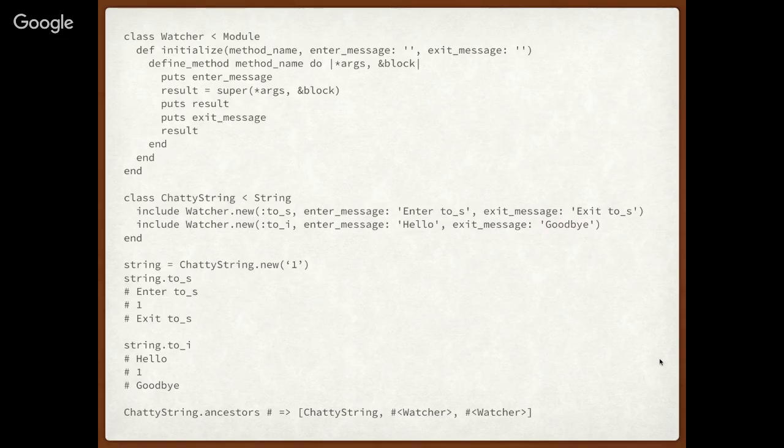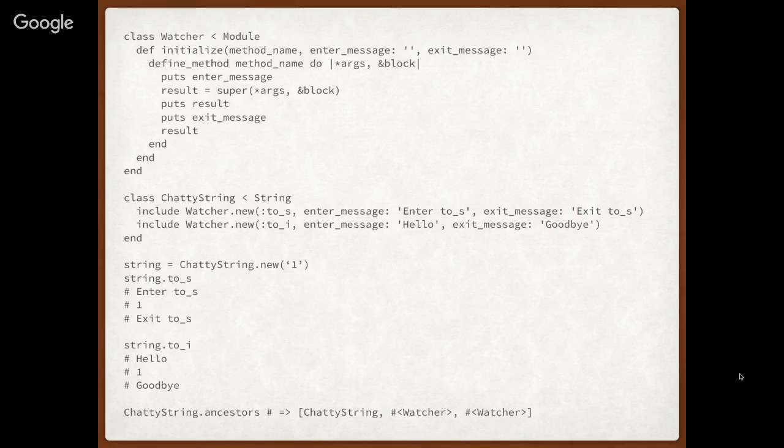I decide I want a class and I'm going to call it Watcher, and I say, okay, if you give me a method name, a message before the thing gets called, and a message after, I'm going to create a method that outputs your enter message, outputs your result, outputs your exit message, and then returns the result, right?